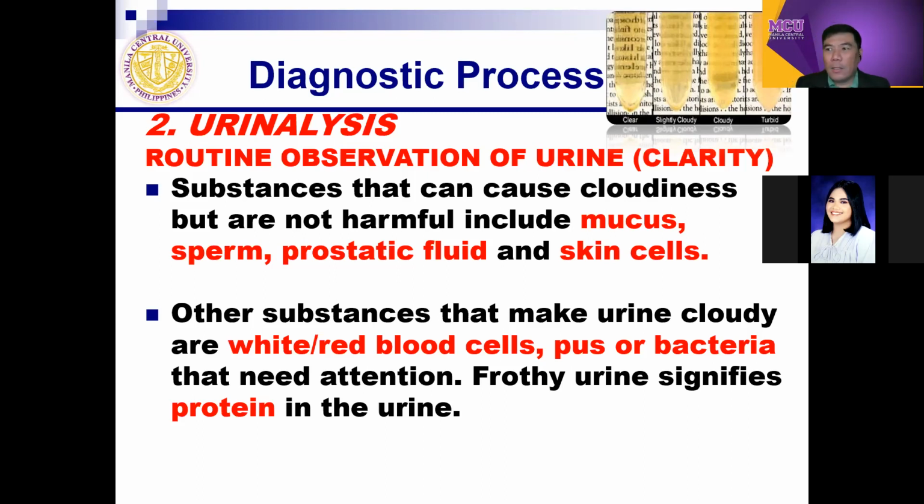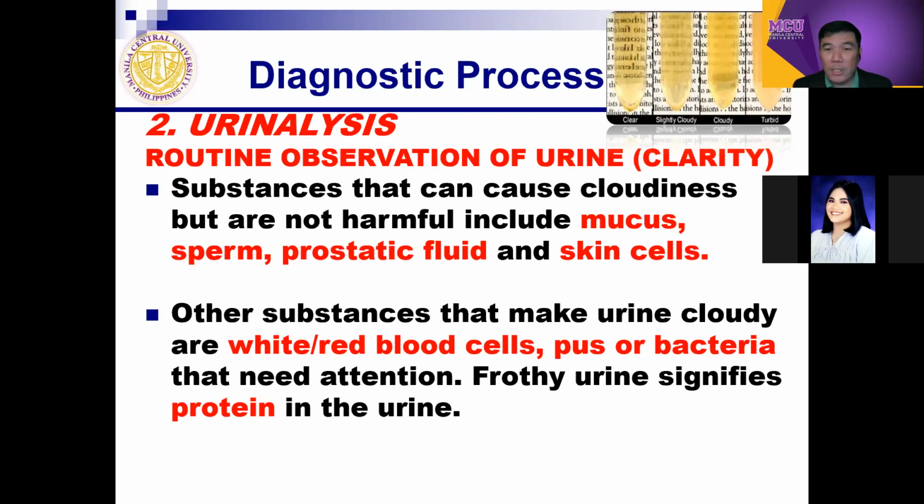And the other one that may have a significant negative implication for cloudy urine is the presence of pus. The presence of pus is an indication of the possibility of bacteria or white blood cells.